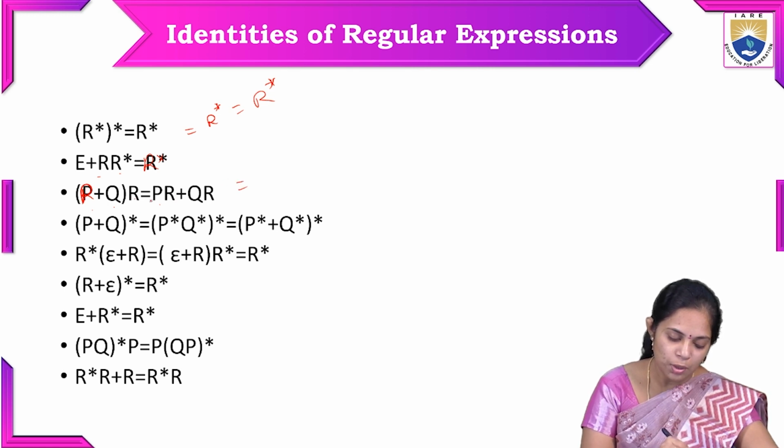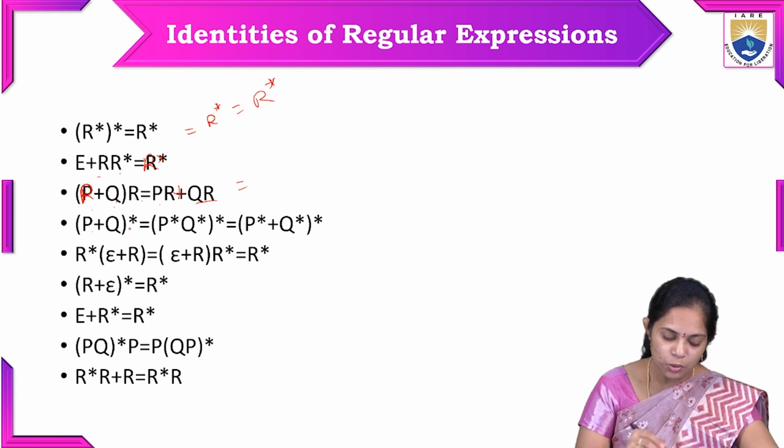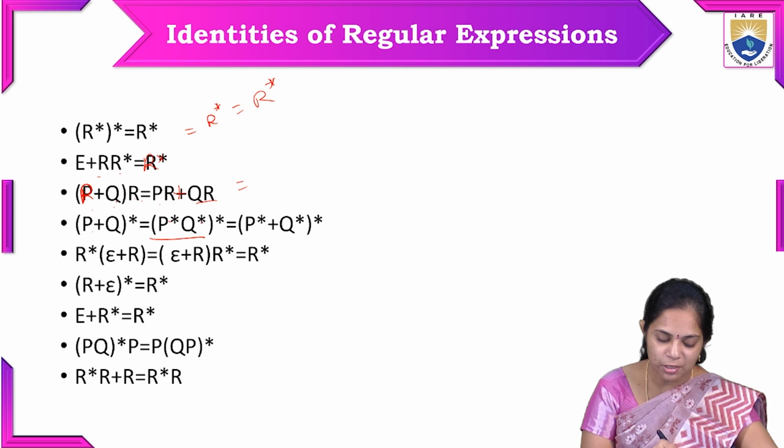And here also, P plus Q whole star is equal to, if either P or Q whole star, we will get P star Q star whole star and P star plus Q star of whole star.